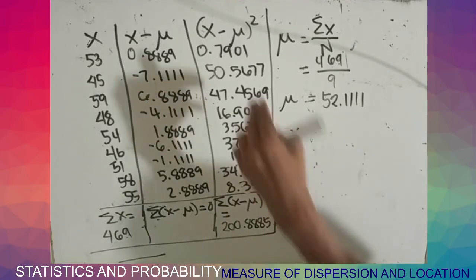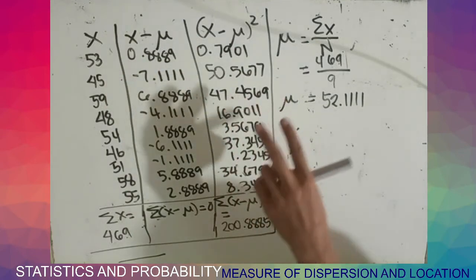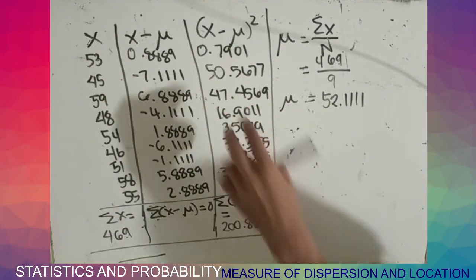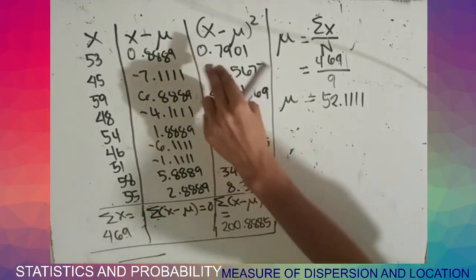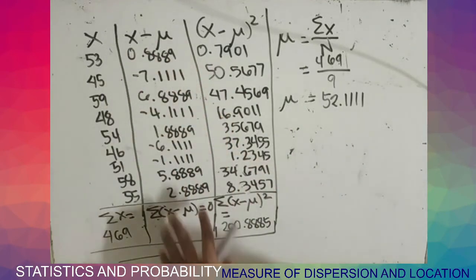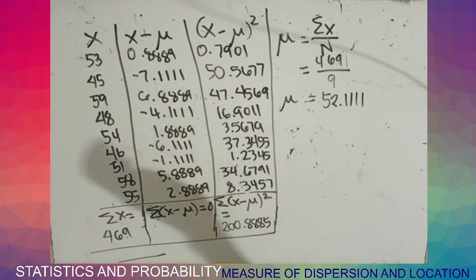Okay, so nasolve na natin yung x minus mu natin squared kanina. So, nakapause pala yung video kaya hindi ko na-record. So, yung una natin nakuha is 0.7901. So, 4 decimal place pa rin yung ginamit natin for the third column. So, next is 50.5677.